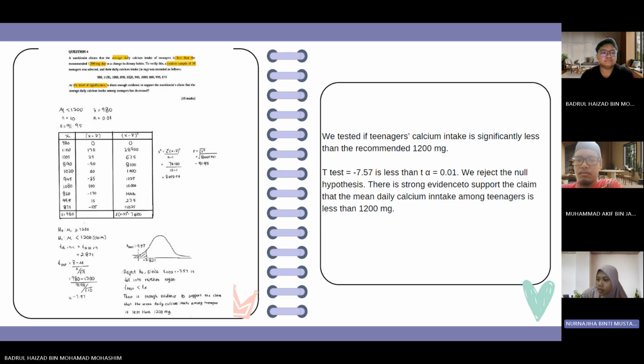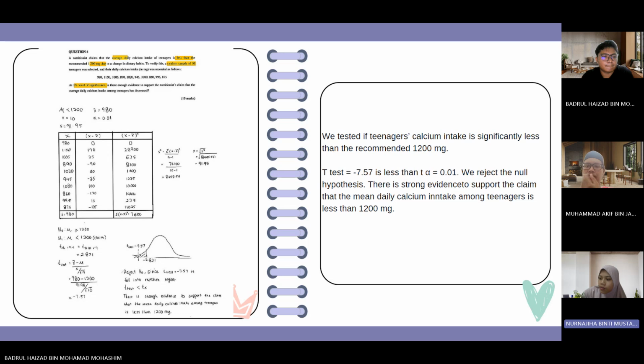As you can see from the question, it is given mu less than 1,200 and sample n. For this equation, you need to find the x bar, which is mean, and standard deviation. So first you do the table and then you get the mean is 980 and standard deviation is 91.95.